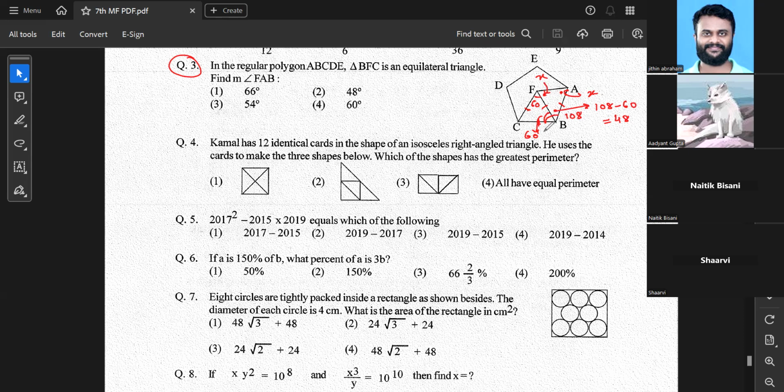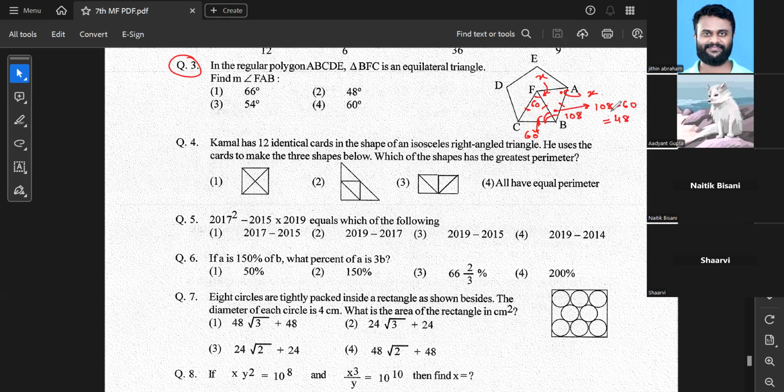But in this case, that's not the scenario. Because for a pentagon, if F was the center, then this angle would have been 72, not 60. Now, since this is 60, and not 72, I can be very sure that F is not the center.